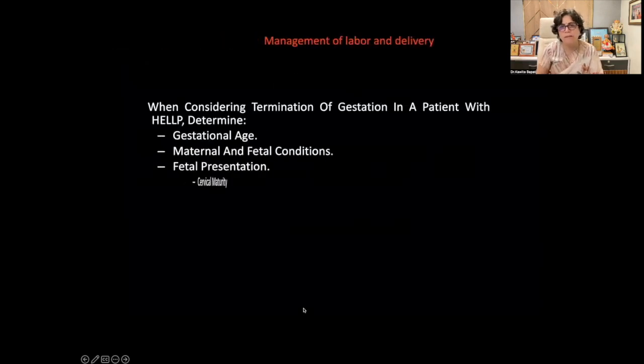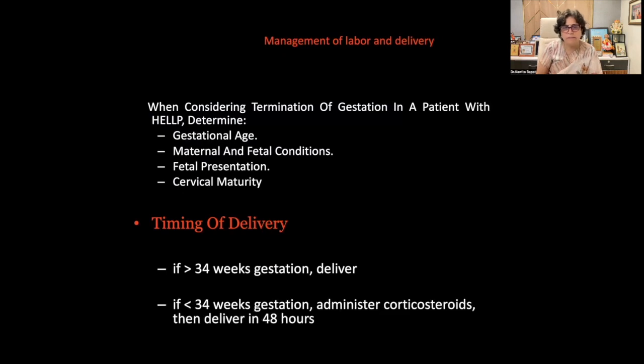Then the management of labor and delivery. Considering the termination of gestation in a patient with HELLP, determine the gestational age, maternal and fetal condition, fetal presentation, and cervical maturity. Timing of delivery: if more than 34 weeks, deliver. If less than 34 weeks of gestation, administer corticosteroid and deliver within 48 hours.